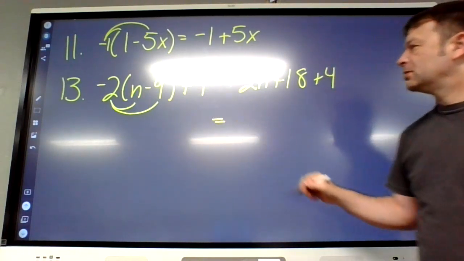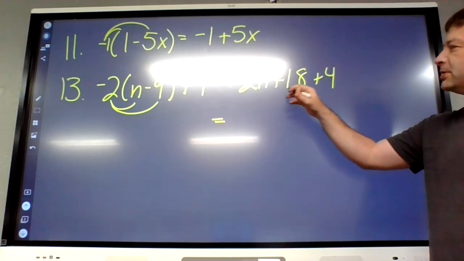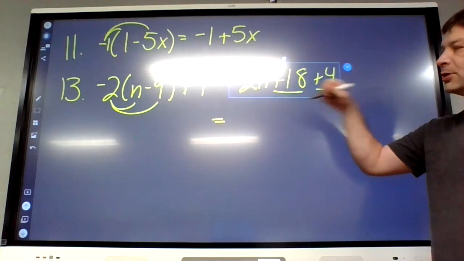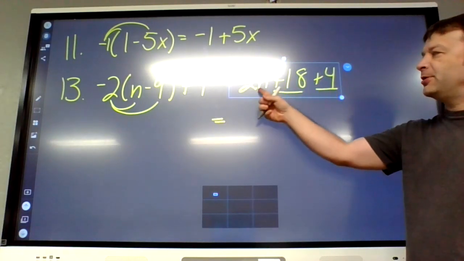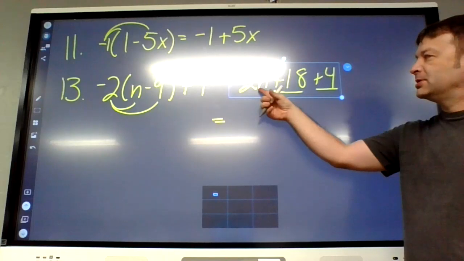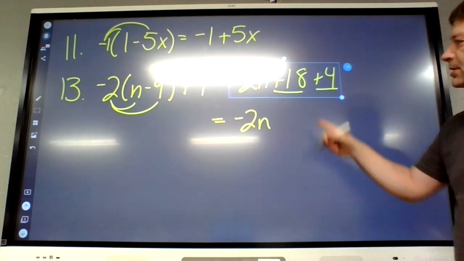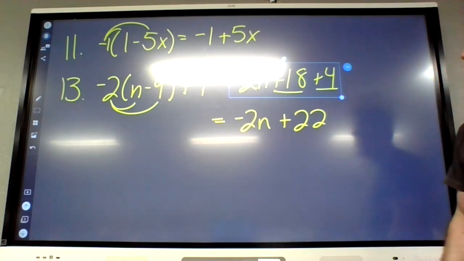And then you just add 18. Right. So after we're done multiplying, kind of order of operations, multiply first, then you can add like terms. 18 and 4 can go together because they're both normal numbers, but they don't add with the n term. So the n term will just stay the same, and 18 plus 4 is 22.